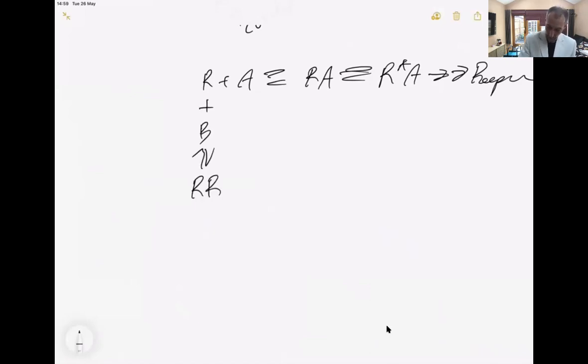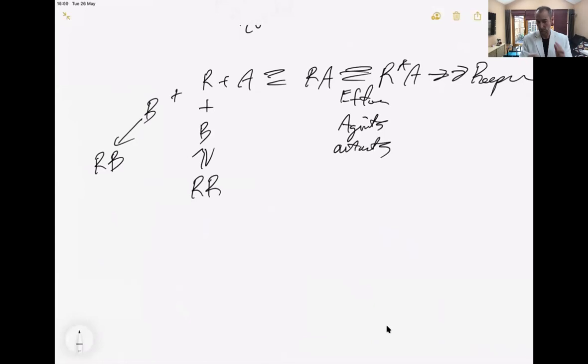Or we could have R plus B going all to RB. Know that this efficacy will explain all agonists and antagonists that bind to the same orthosteric site. We could get ones that bind to an allosteric site and it will modulate this. Relate this to responses like this: pure agonist, partial agonist, antagonist.